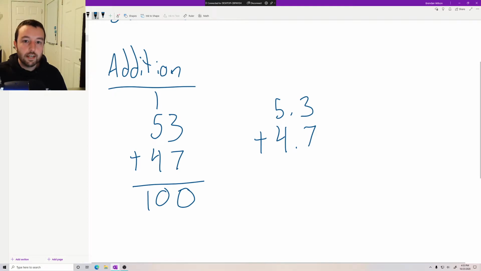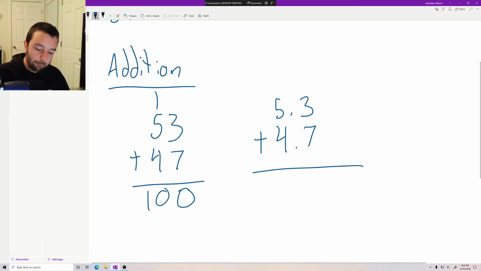So we have to make sure the tenths place is lined up as well as the ones place. Okay. And the decimals themselves should also be lined up. Which should make sense because that's really just a barrier between the tenths place and the ones place. So if the tenths and the ones place are lined up, the decimals naturally will be lined up as well.